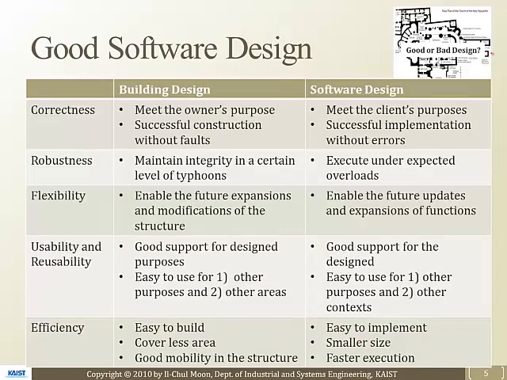So here, building design and software design are compared. For instance, correctness. When we are building something, we have to meet the owner's purpose. Similarly, in software design, we have to meet the client's purpose, right? And those things must be robust, right? There must be some integrity, right?